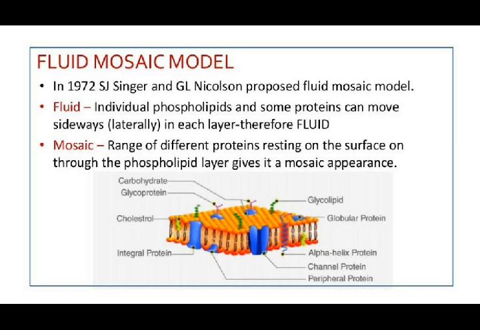Mosaic: a range of different proteins resting on the surface or going through the phospholipid give it a mosaic appearance. Just see in the figure.